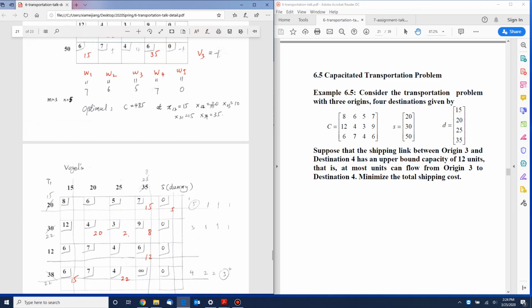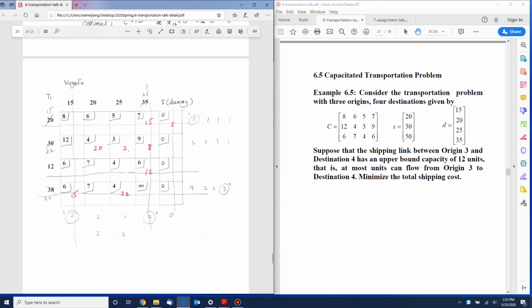So as usual, we simply ignore that one in the dummy column, right? Now, how may we build up the tableau when we have this bound capacity? So what we do, we look at the tableau.